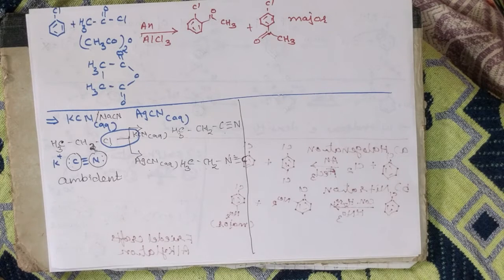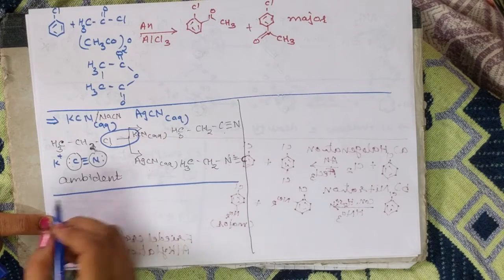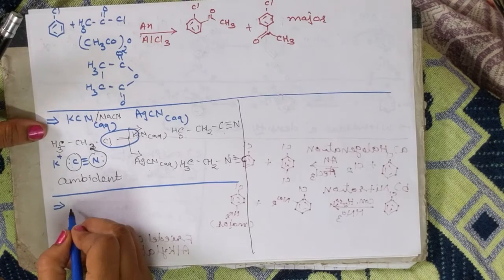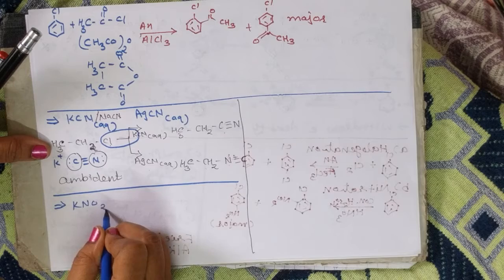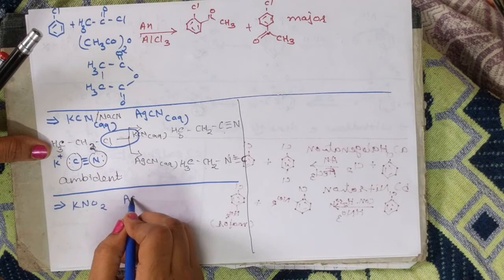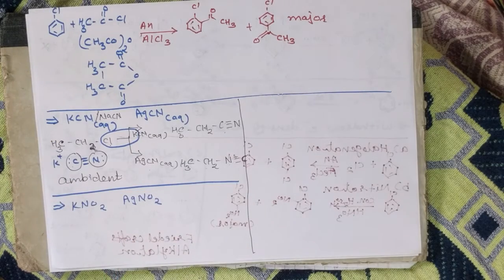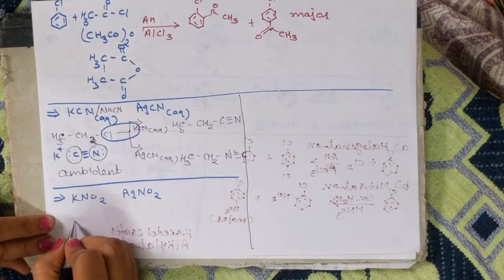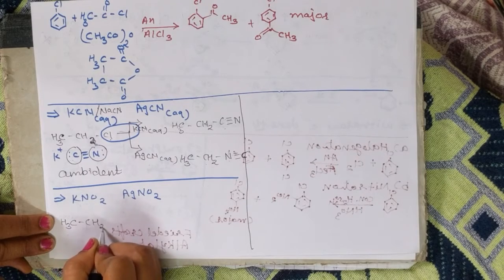In the same way, we take another pair, students. Another example we will take is potassium nitrite and silver nitrite. Same way we'll take methyl chloride, CH3, CH2, Cl.